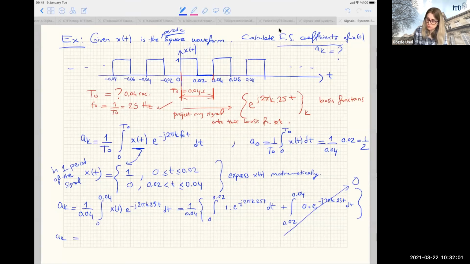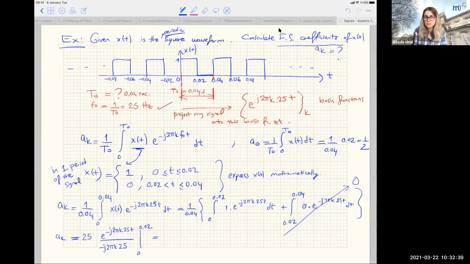I know how to take its integral, so let's do it quickly here. We have 1 over 0.04. It was 25, which we know is F0. Doing the integral, we get e to the minus j2 pi k 25t over minus j2 pi k 25, and we need to evaluate this from 0 to 0.02. We are all clear, right? This is really high school math, probably, or at least freshman year calculus.